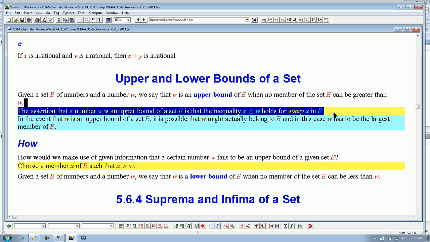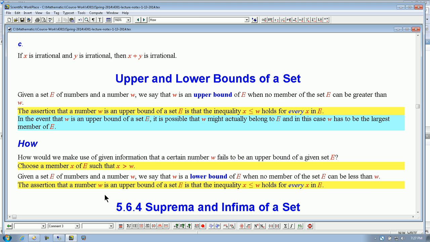The assertion that a number W is a lower bound of a set E is that there is no X in E less than W, so every X must be greater than or equal. Okay?